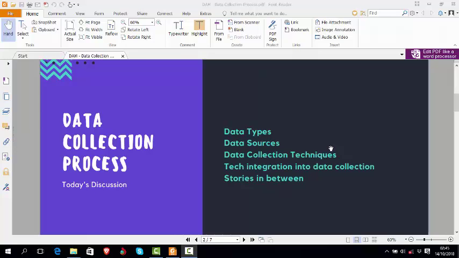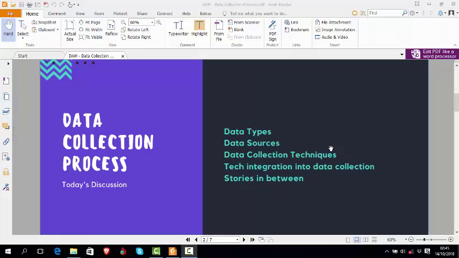Also, we talk about data sources, where this data could come from. Also, the data collection techniques, how to go about collecting this data, the technicalities. And I said the other time that yes, the word technicalities appears, but there isn't anything really technical in it. And also, we'll talk about the tech integration into data collection.